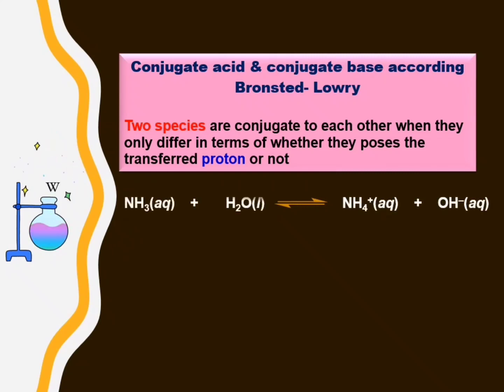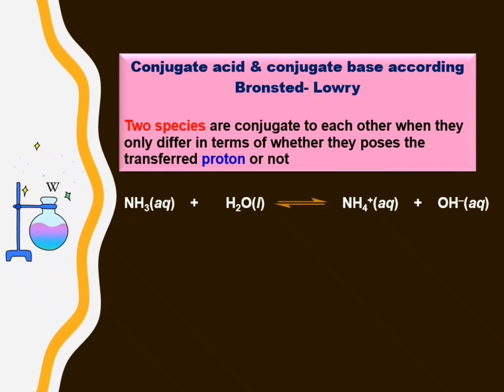So for example here, I have ammonia reacting with H2O. Saya dah kata tadi H2O able to act as an acid or a base, so H2O is amphoteric. And then it produces NH4+ and OH-.